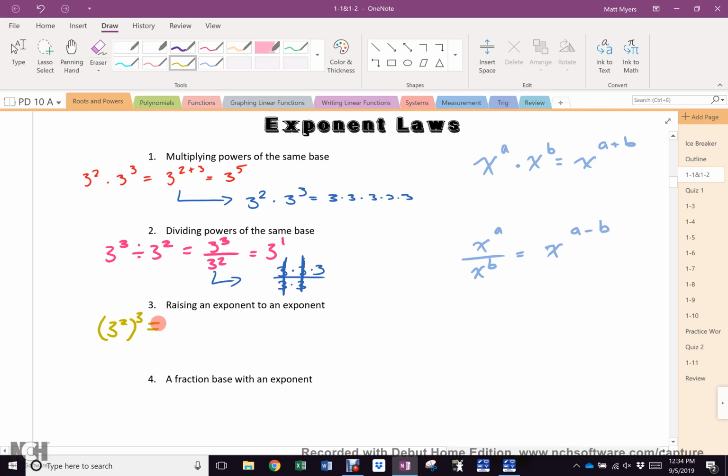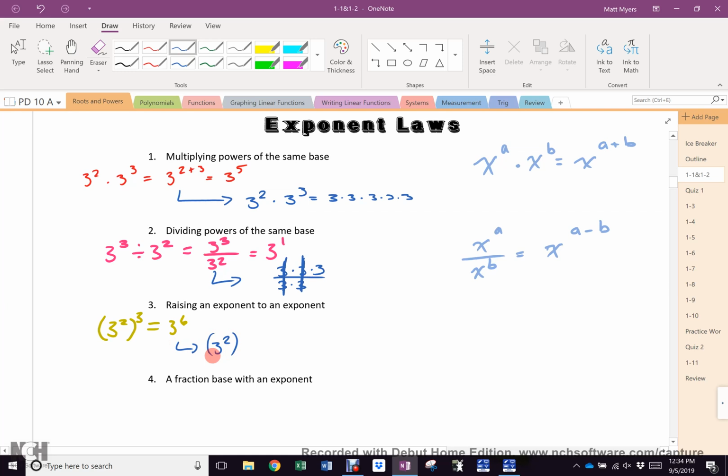What's the answer? Connor? 3 to the 6th. Why? That's what we do. Why does it work? RJ? Because I have 3 squared.